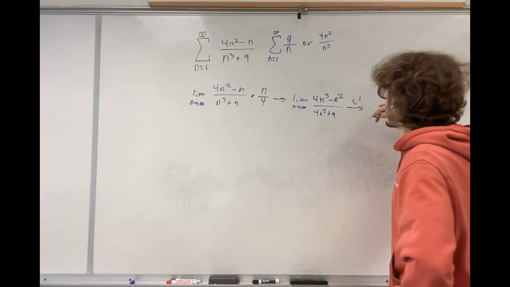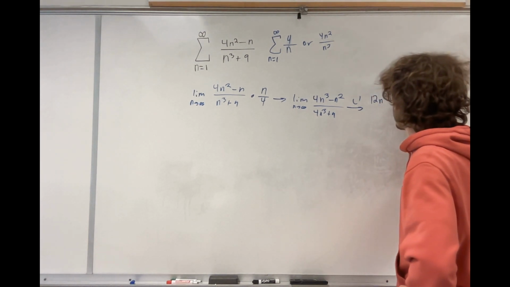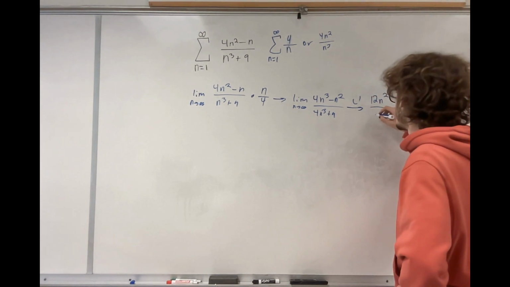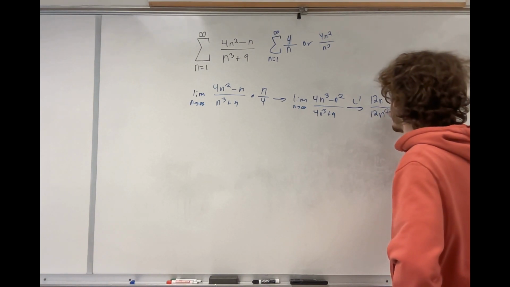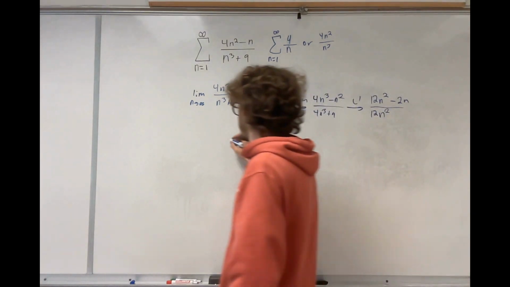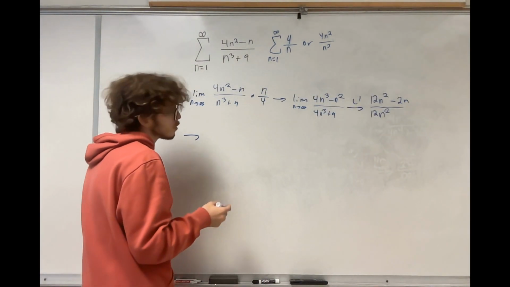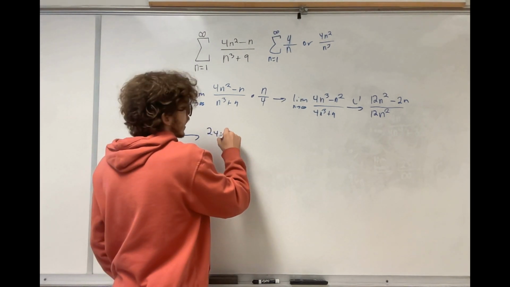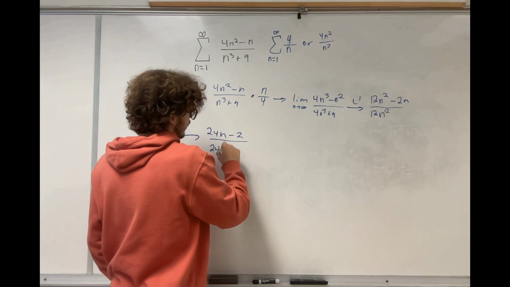This is going to be 4 times 3, 12n squared minus 2n over 12n squared. Jeez, I almost messed that up. That's insane. All right, so now we need to do L'Hopital's rule once again. 24n minus 2 over 24n.